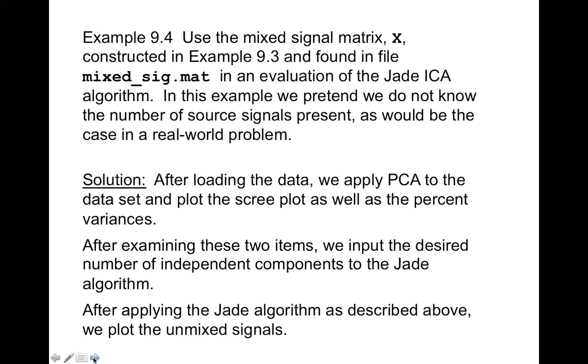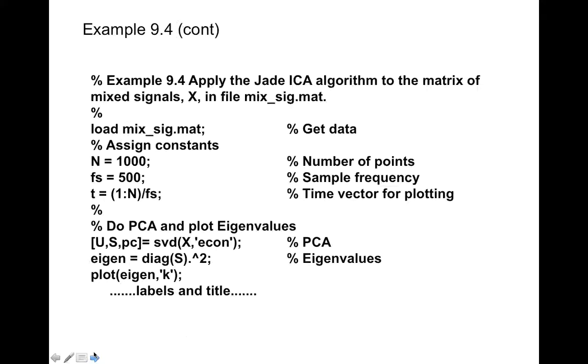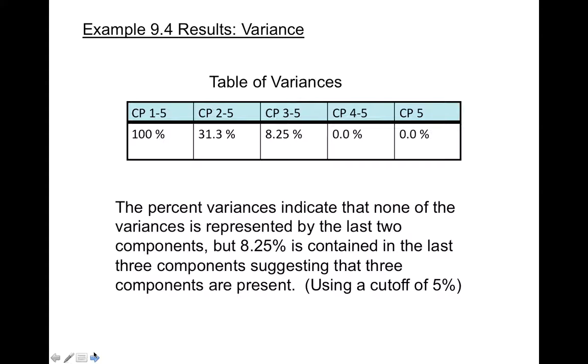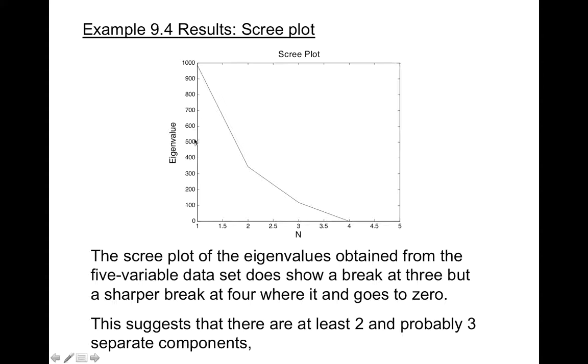Here is just an example of the application of the JADE ICA algorithm using that mixed signal that we previously created from the three components. Initially PCA is applied. Here's showing your table of variances indicating that there are three components of significance if you use a cutoff value of 5% and zero out everything else.